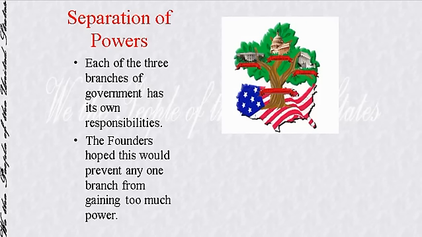For example, the legislative branch is the only branch that's allowed to actually make laws that affect the entire country. The executive branch is in charge of the military, and the judicial branch gets to decide if what the other branches are doing follows the Constitution or not. So all the power is kind of split up. They'll have different things they can do, and they're not allowed to do the things that the other branches can do.